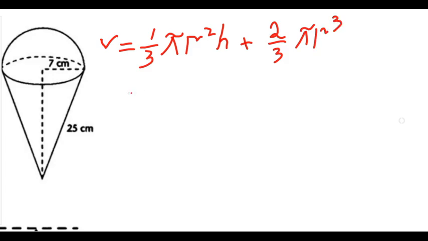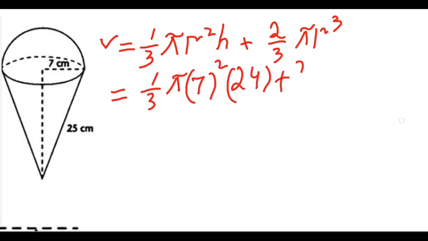This is for the hemisphere. Now I substitute all of these values: 1 over 3 pi, r we got 7 squared, h we found earlier is 24, plus 2 over 3 pi, r is 7 cubed. I'm going to use my calculator to solve this one.